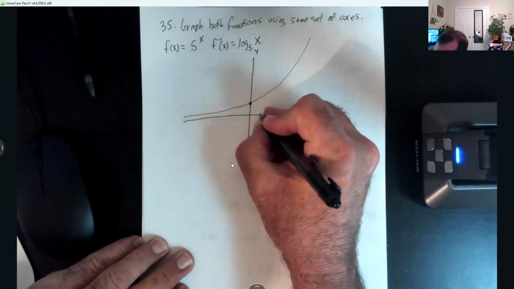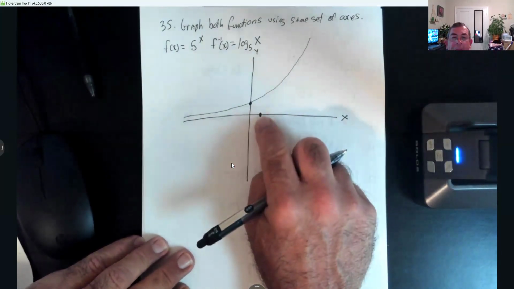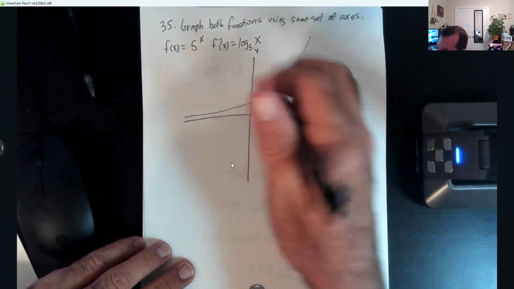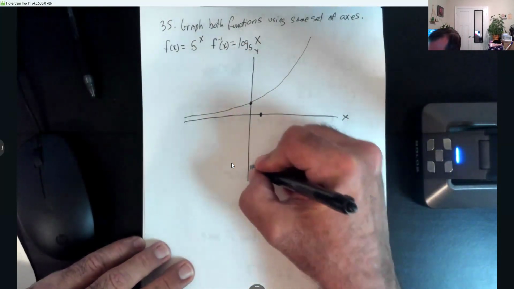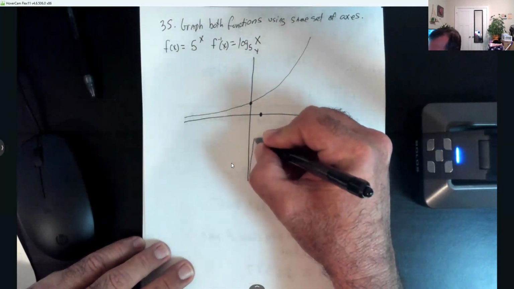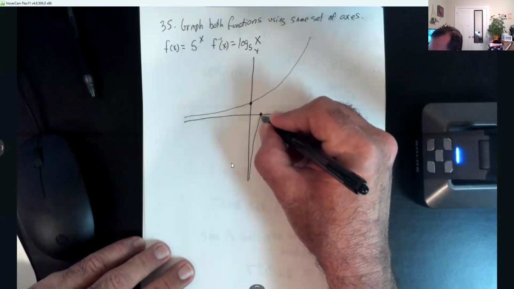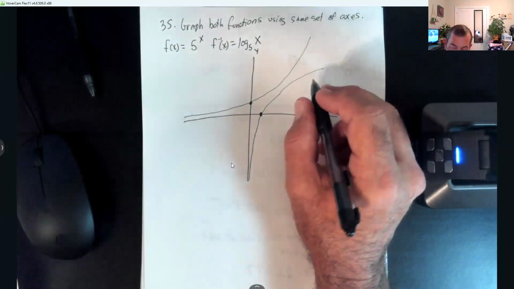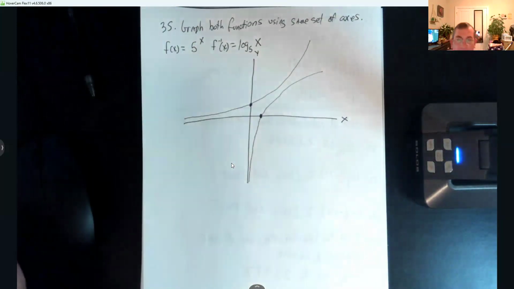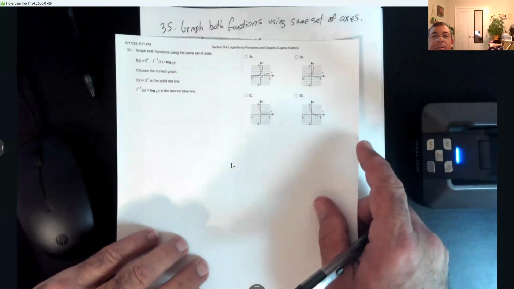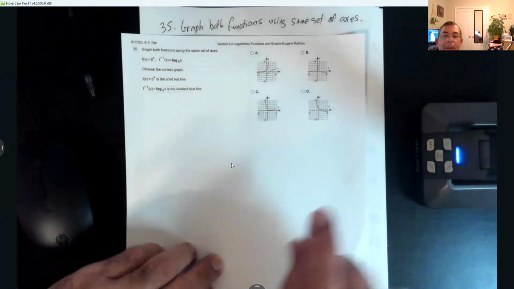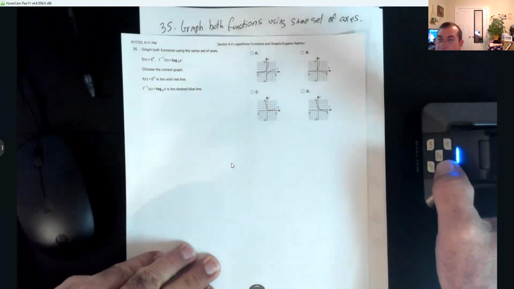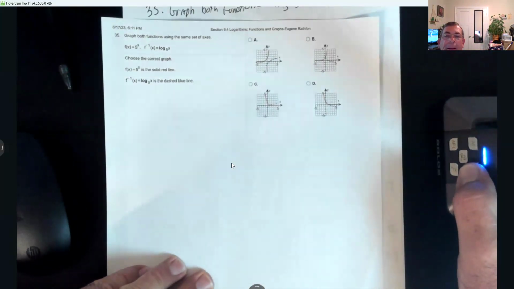Well, we know that the logs are going to cross over the x-axis. So the logs are going to come up. It's going to try to cross that x-axis, and then it's going to spin out to the right. So I'm trying to put these pictures here. And let me zoom in a little bit on that.